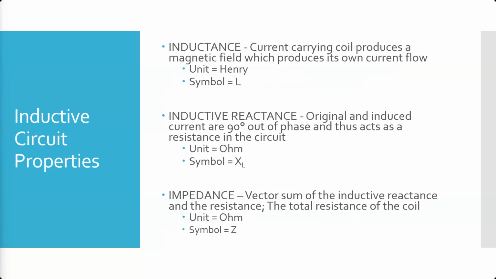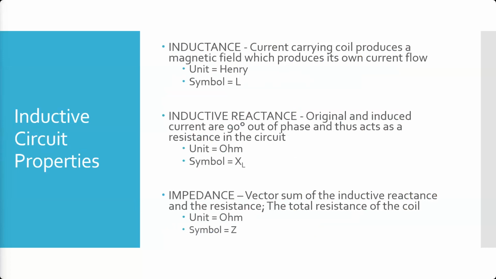So it's the vector sum of the inductive reactance and the resistance. Just the wire itself is going to have a certain amount of resistance in the coil, and that gives you the total impedance of the coil. And that's inductance.